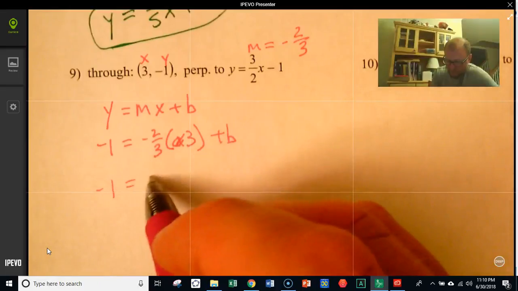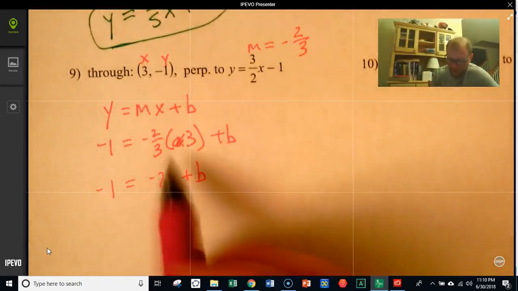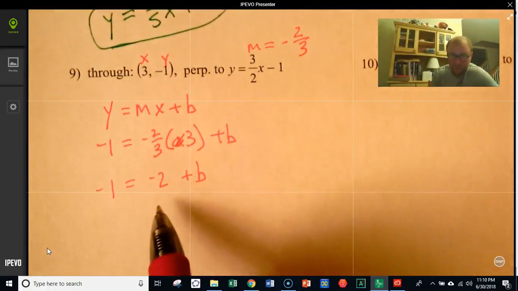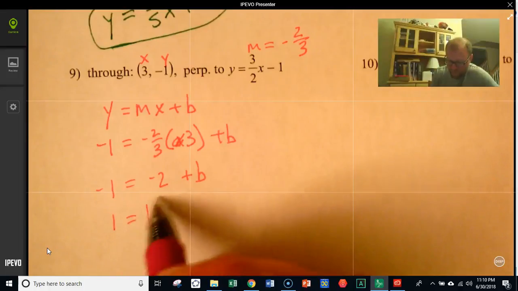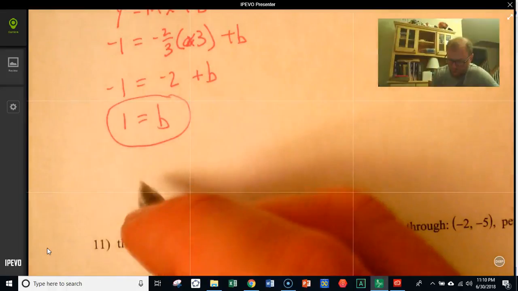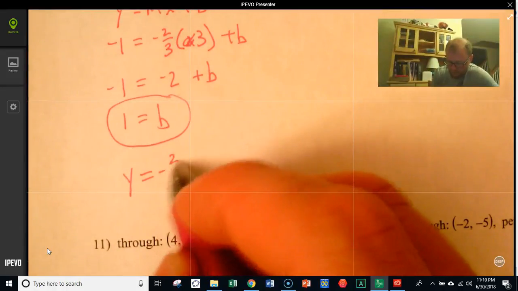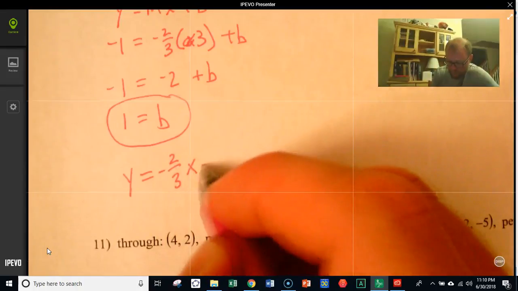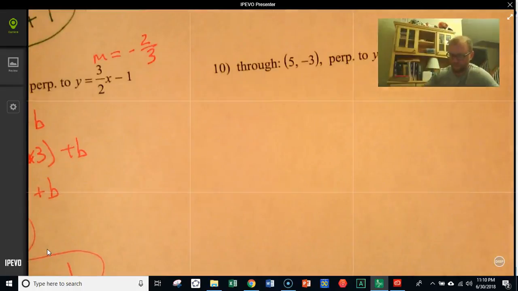Negative 1 equals negative 2 plus b. Just multiply those together, get negative 2, use your calculator. Add 2 to both sides, and 1 equals b. Why is this the most popular b so far? And we end up with y equals negative 2/3 x plus 1.